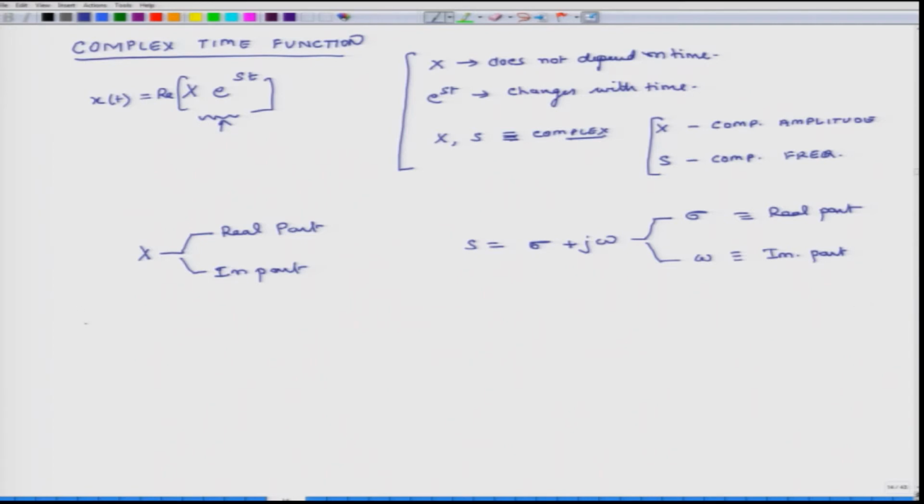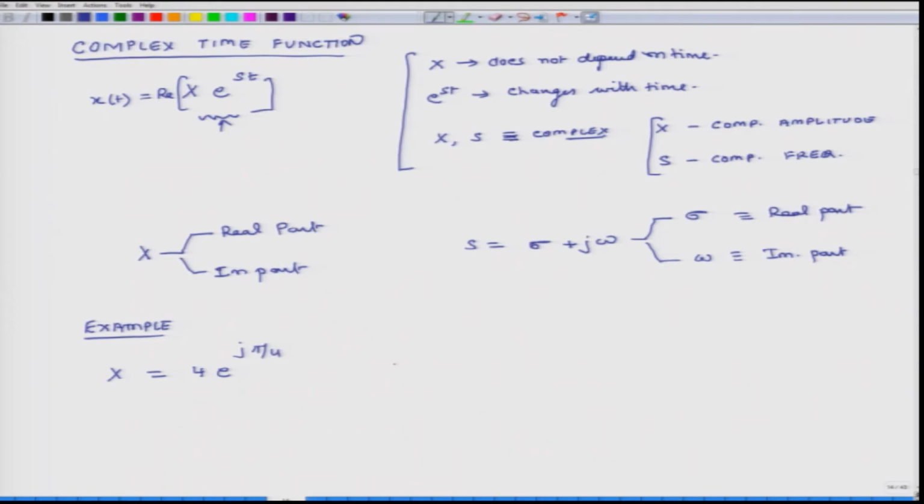So, we will do an example so that we understand this better. Actually, we will do two examples. The first example is X, which is complex, with an amplitude 4 e to the power of j pi over 4.